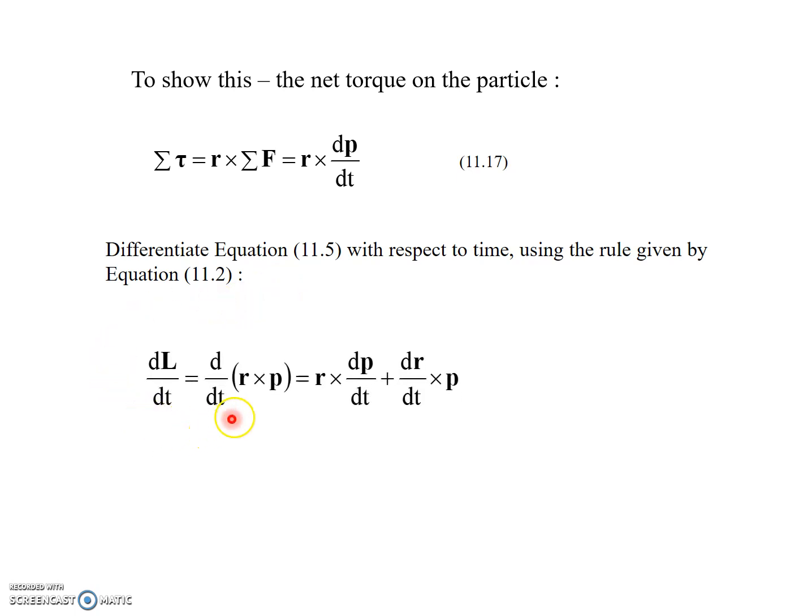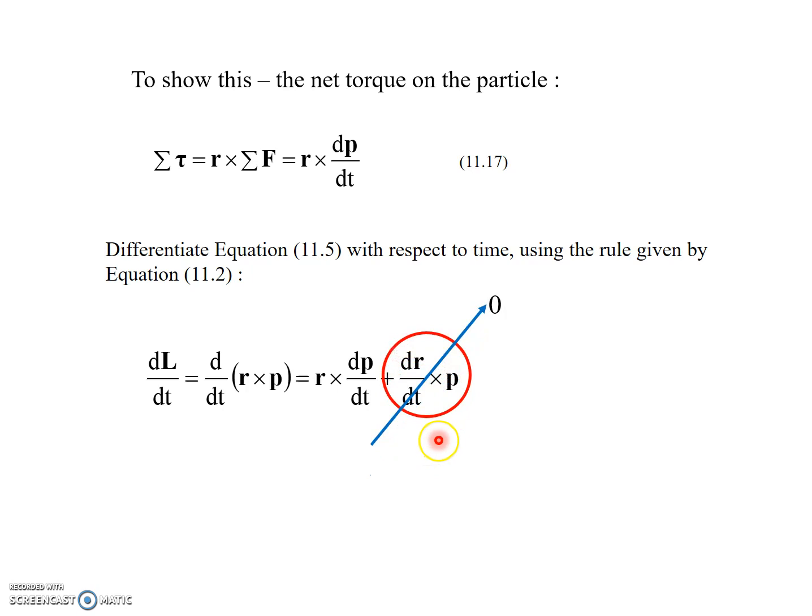This is equation 11.5, where we take dL over dt, where L is r cross p. So from equation 11.2, the differentiation of the cross product is written as r cross dp over dt plus dr over dt cross p.